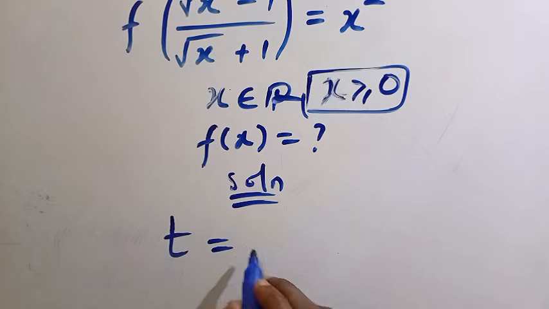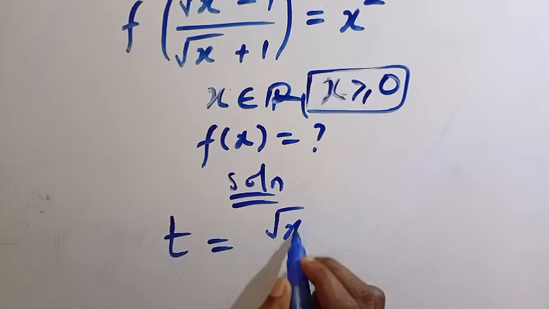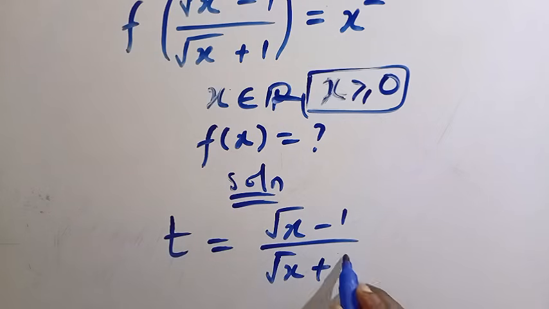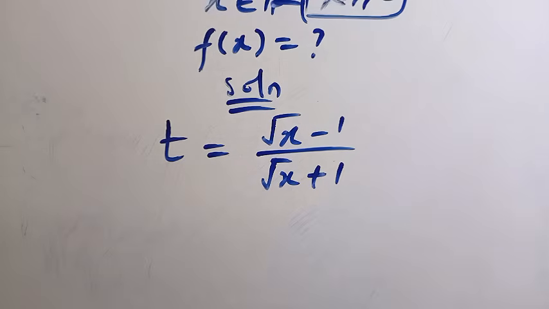So t equals square root of x minus 1 divided by square root of x plus 1. This is what we have first. And our target here is to make x the subject of the formula, and the x here is inside the root, so we make x single-handedly the subject.